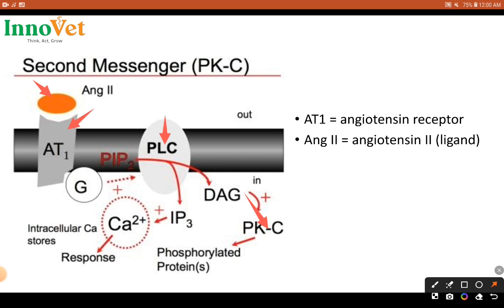Now, inositol triphosphate will cause calcium release from the endoplasmic reticulum, and this calcium will be the one that will bring about our response by acting on calmodulins, bringing about cellular response.